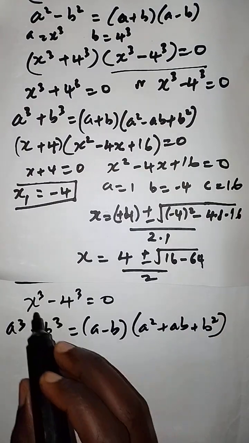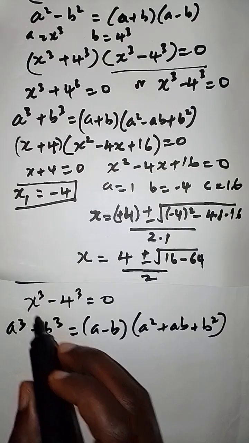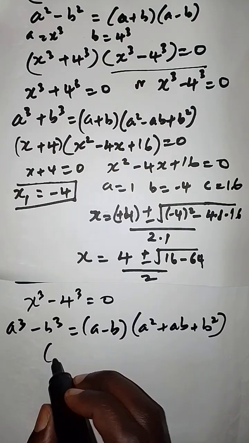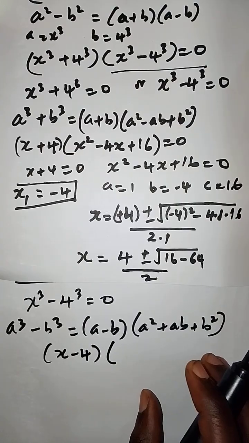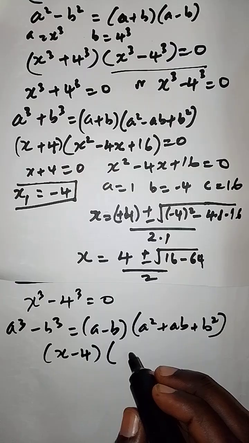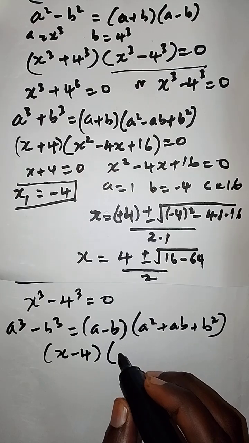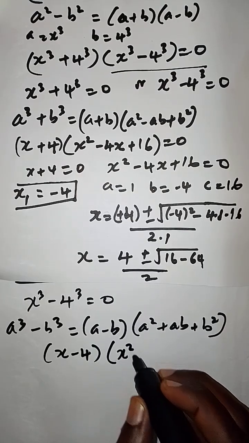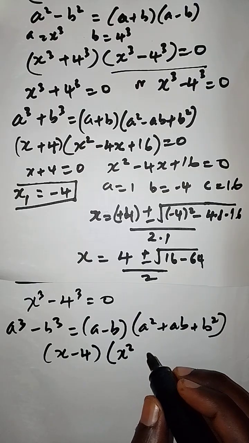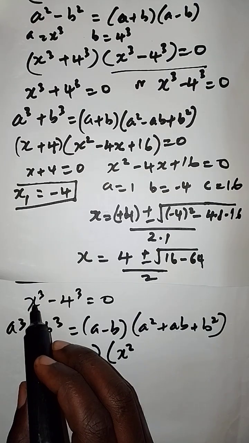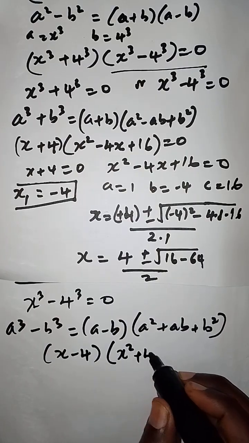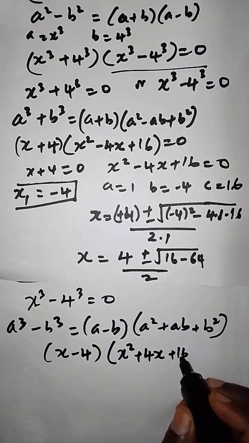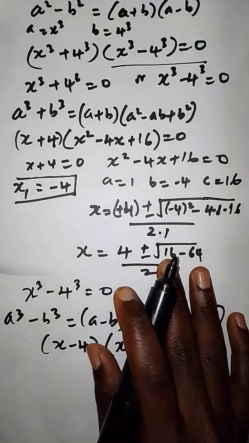For this case, a is x and b is 4, so x minus 4 multiplied by a squared, that is x squared, plus ab, this times this, so that is plus 4x, plus 16 is equal to 0.